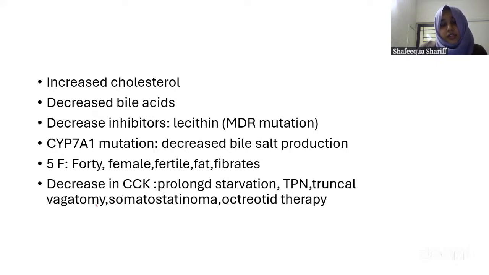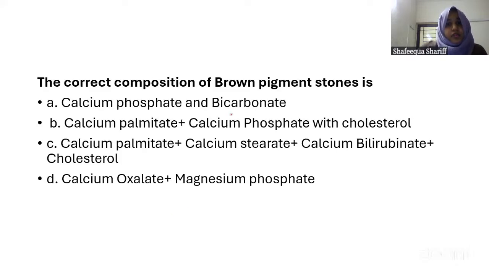Only when there's cholecystokinin will the gallbladder release and function properly. So whenever there's a decrease in cholecystokinin, like in prolonged starvation, TPN or truncal vagotomy, there is no contraction of the gallbladder, and there is stasis. So just a reminder, the correct composition of brown pigment stones is option C.